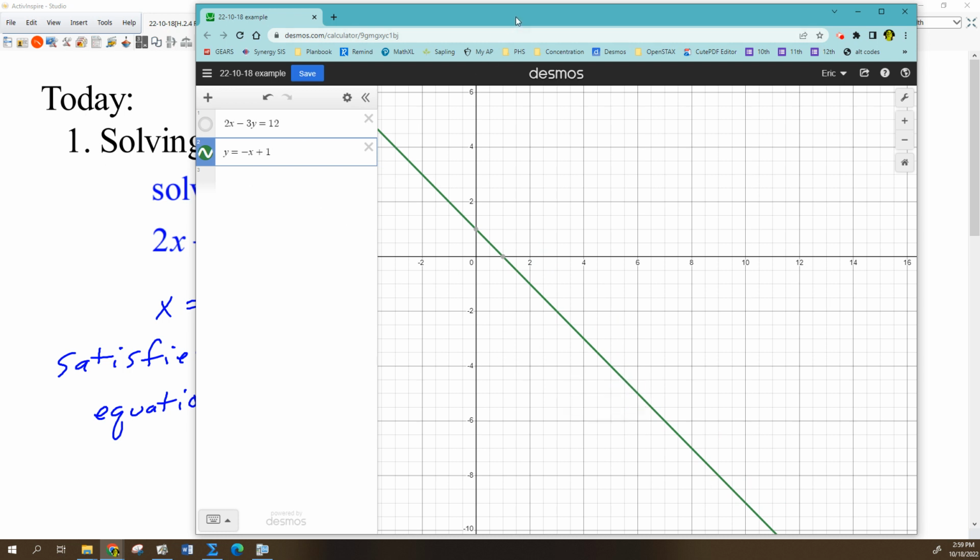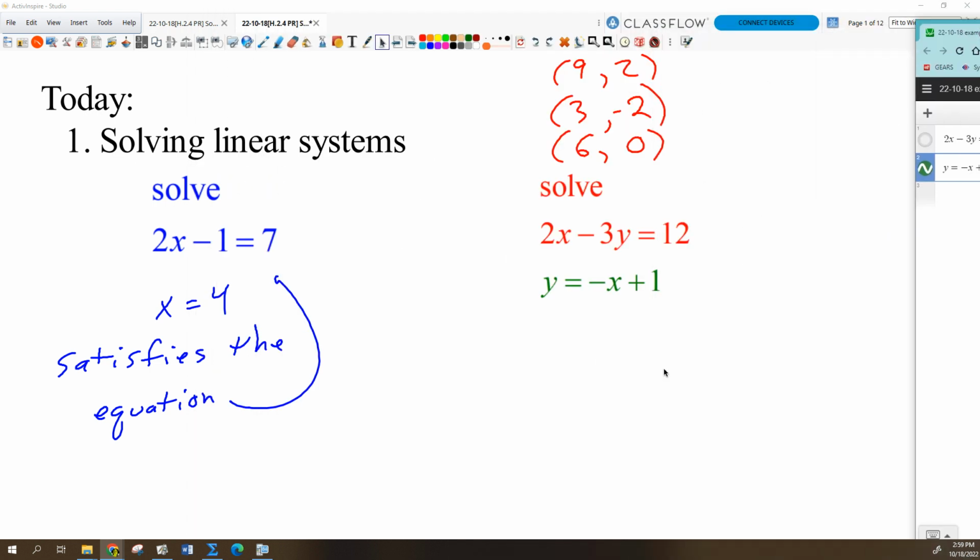But if I want to solve this system of two equations, what am I trying to find? I want to find an x value and a y value. But if I'm solving something, like I solved for a value of x here that satisfied the equation, when I plugged it in, it made it true.